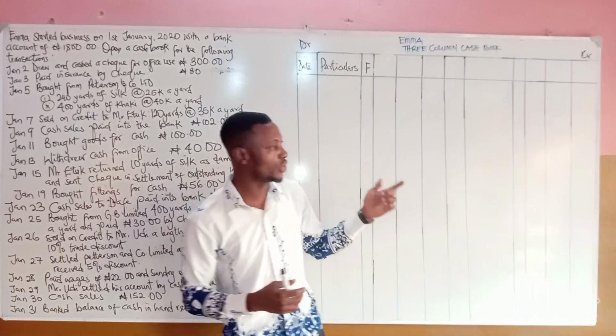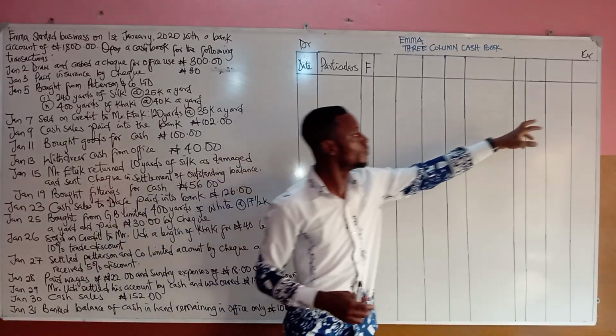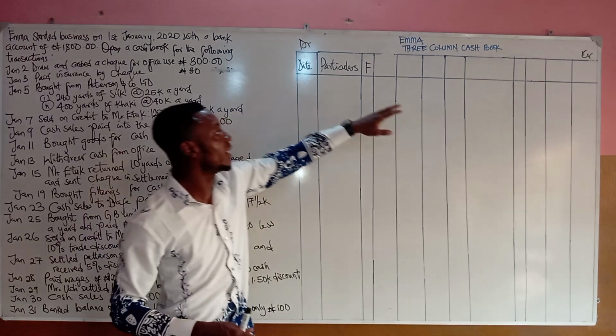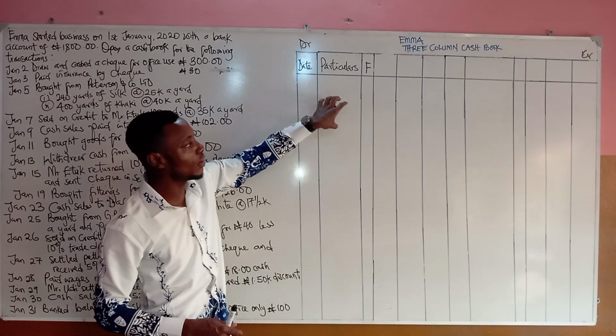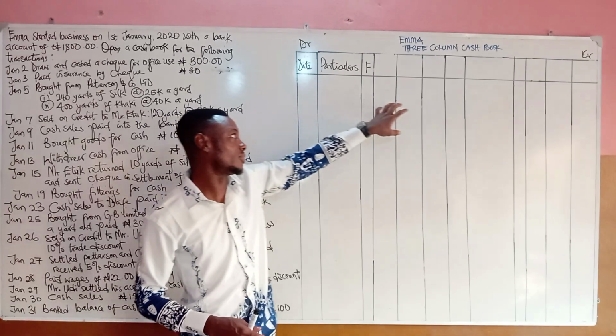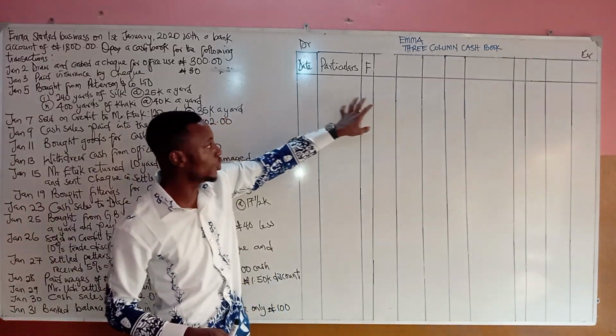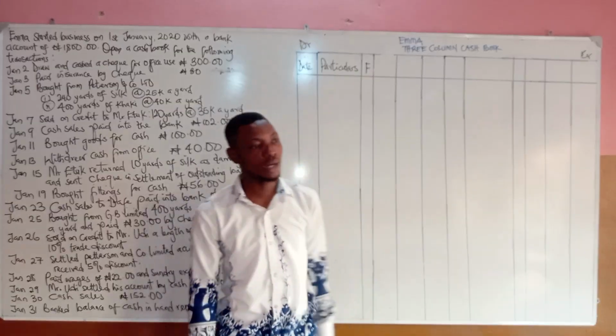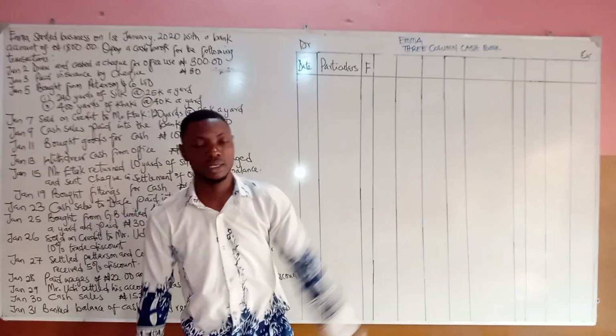So cash at bank is reducing, meaning I'll credit our bank, and then I'll debit our cash. I'll enter the transaction in the cash column under the debit column, and enter the transaction in the bank column under the credit column.